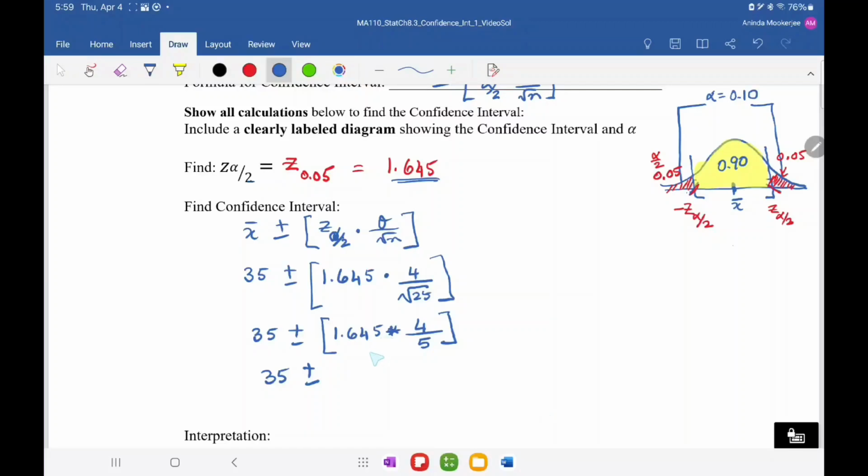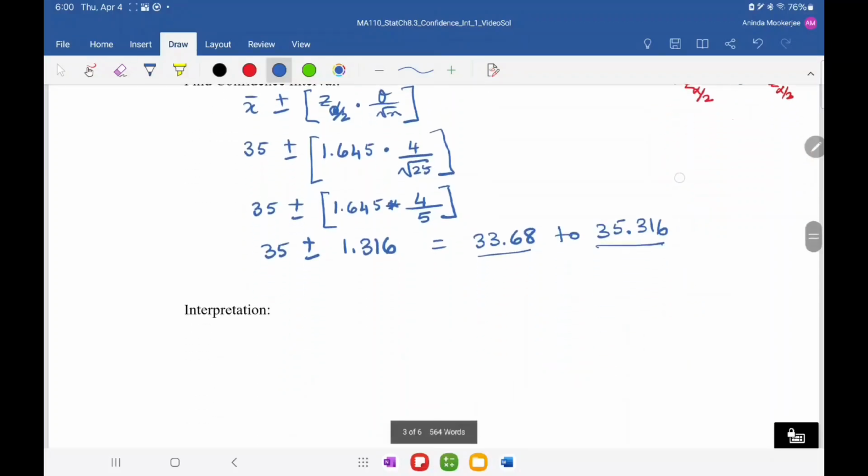So 1.645 times 4/5 is 0.8, which gives us 1.316. Now we first subtract and then we add. So 35 minus 1.316 is going to be 33.68, and 35 plus 1.316 is going to be 35.316. All right. So these are the endpoints of our confidence interval.